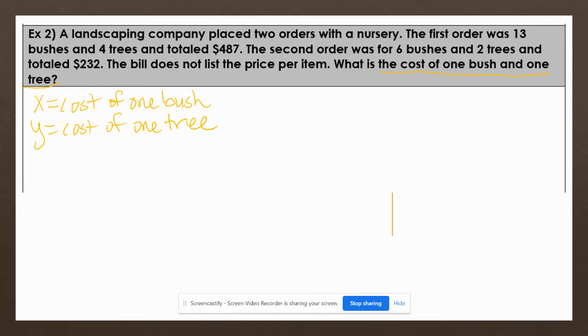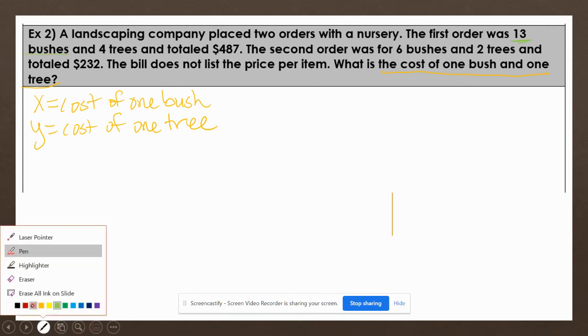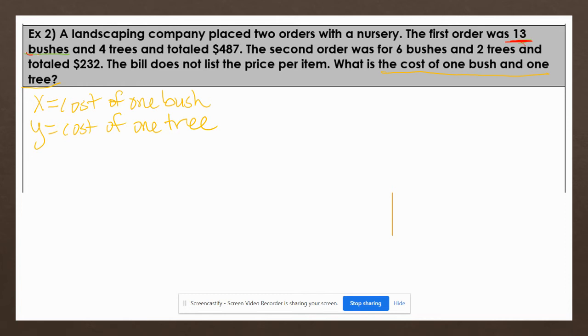Searching through, we have our first order. So 13 bushes. Oops, let's write that so we can see it. We have 13 bushes, so it's 13x, plus 4 trees, 4y, totaled equals 487.